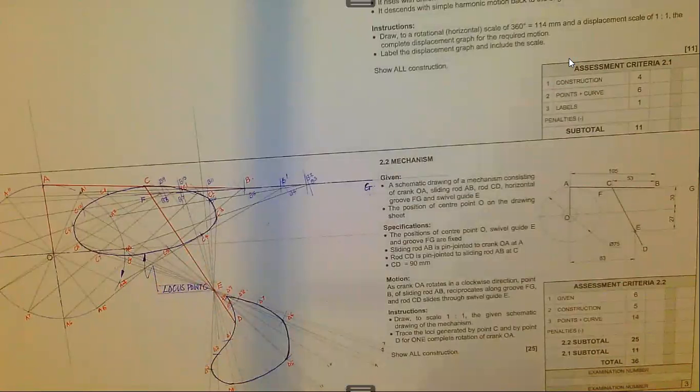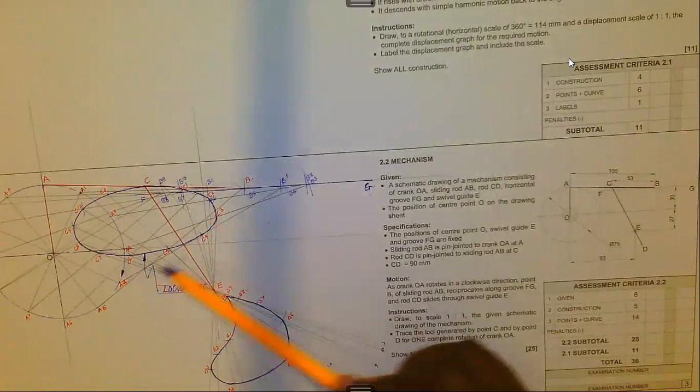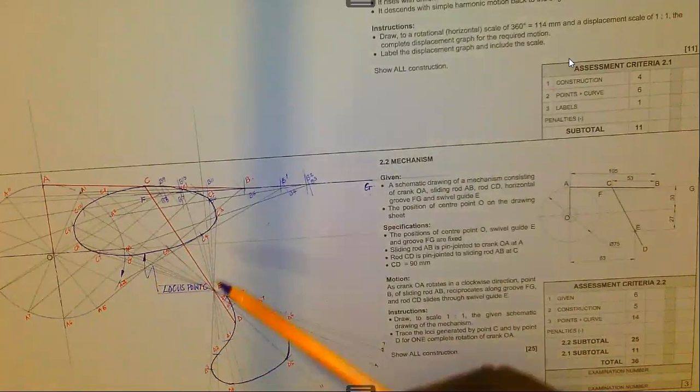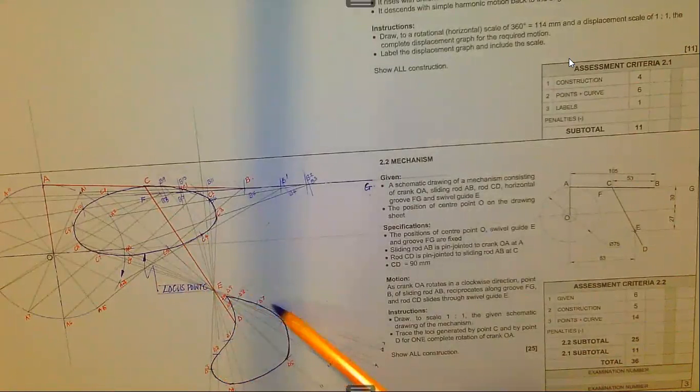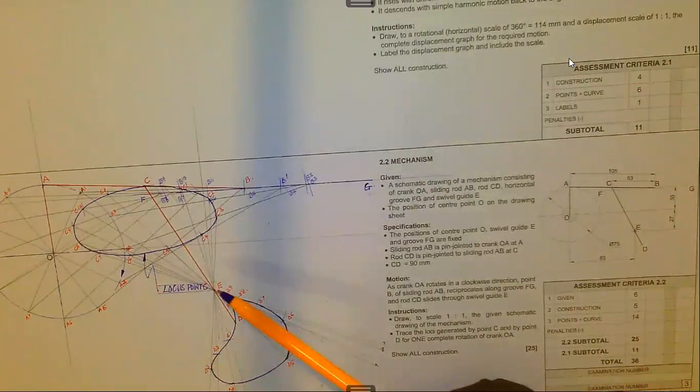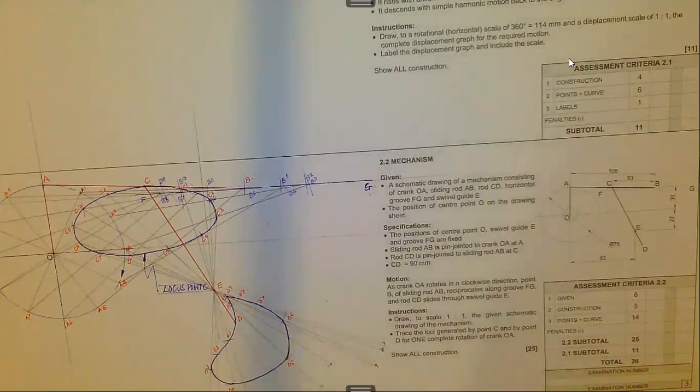Once you have created this path, which is your locus of point C, then you use the same points that you have created to locate the new positions of point D by drawing lines through the guide. Remember, if it is said to be constrained to pass through point E, it means that it is forced to pass through point E all the time. Then from there, you identify the points or locate the points, join the points, and outline. Then you end up having a locus.